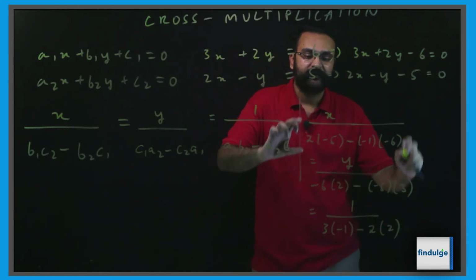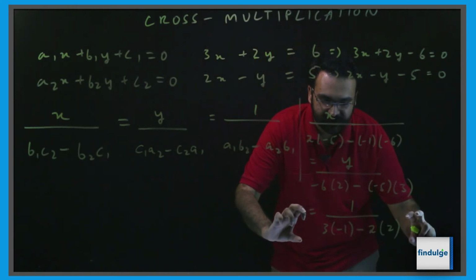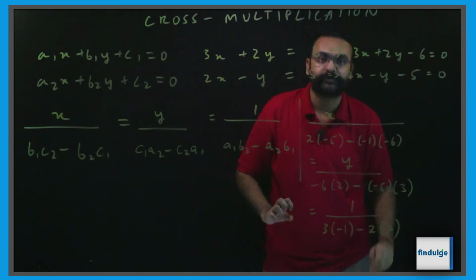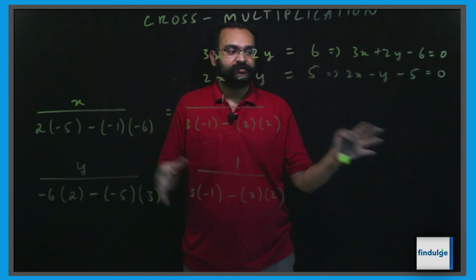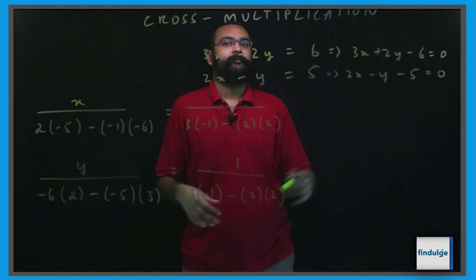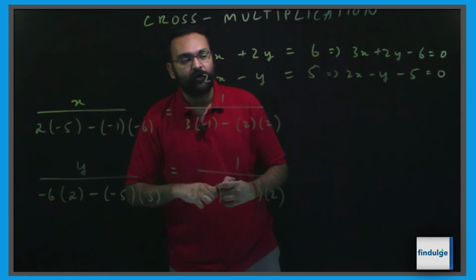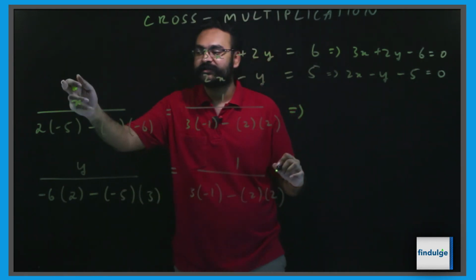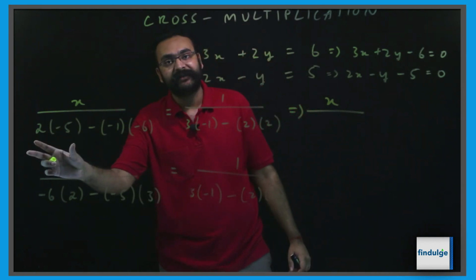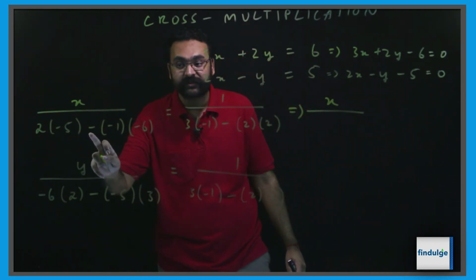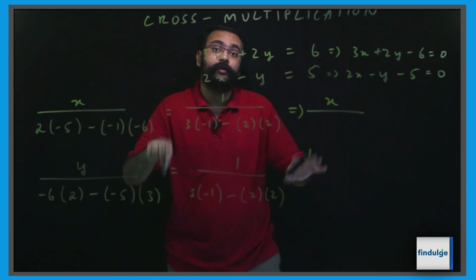As I said, we will equate this fraction to this one, this fraction to this one, and separately get the values for x and y. So these were our fractions. I've just moved them a little bit so that we have a bit more space to work. Now, this will become x upon minus 10 minus, now minus 1 into minus 6 will become plus 6.